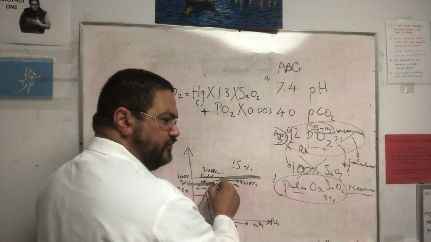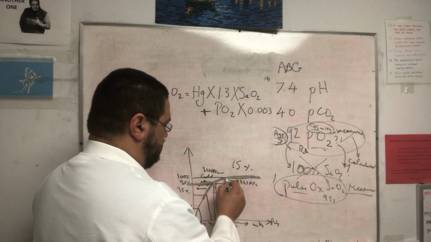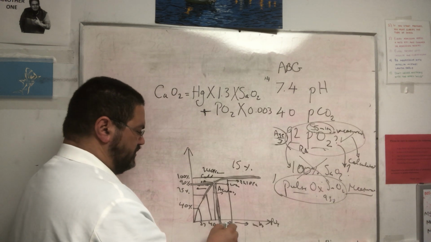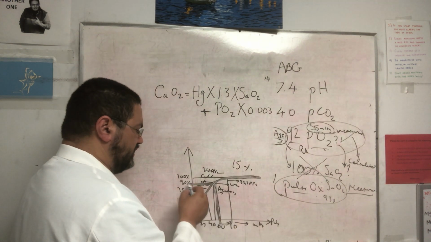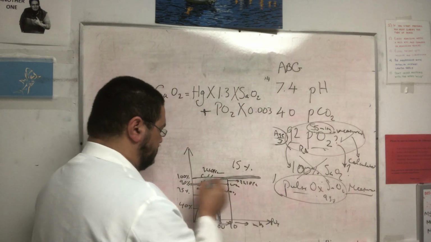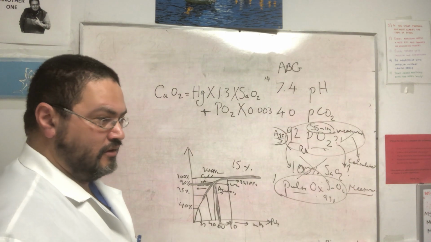For that flat part of the curve after the 60 millimeter of mercury. Because after 60 millimeter of mercury, changes in the PO2 are not really going to matter, especially if you reach 90 and it's 100%. After that, there's only one reading on the saturation. It says 100% all the time, right?